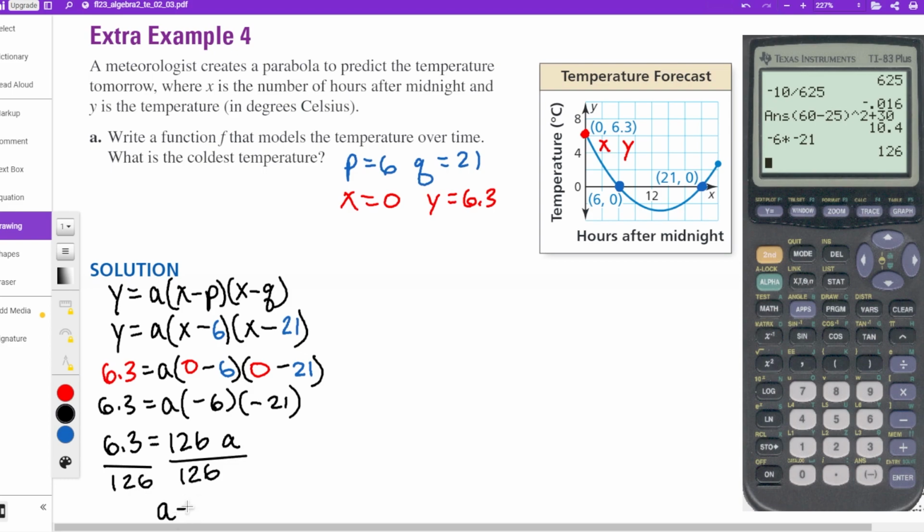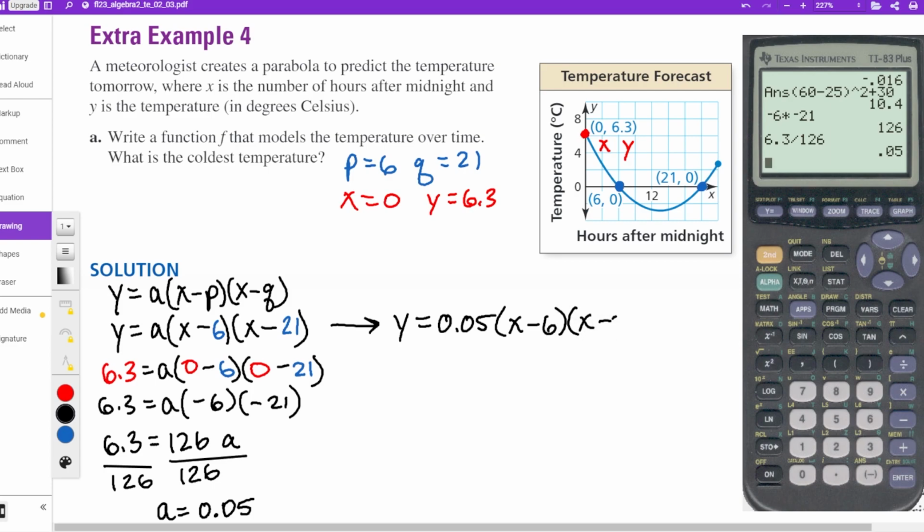We get a equals 0.05. So let's take the value of a and plug it into our intercept form here. So that's y equals 0.05 times x minus 6 times x minus 21.